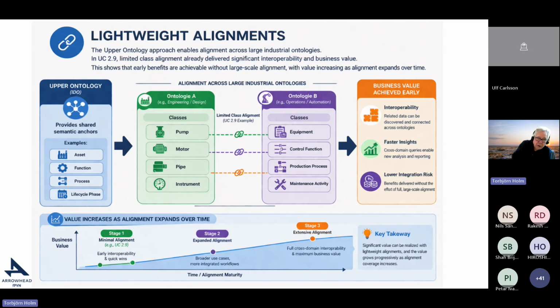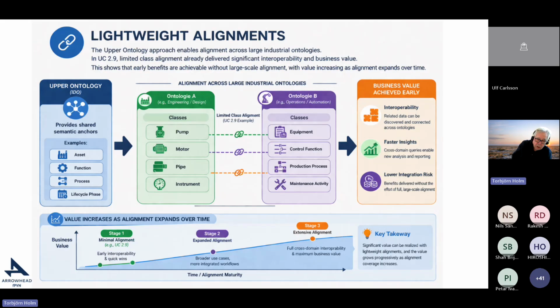We have just done very lightweight alignments. In the DEXPI ontology, we have something called tags, and the tag is also represented in the STEP ontology as a function.